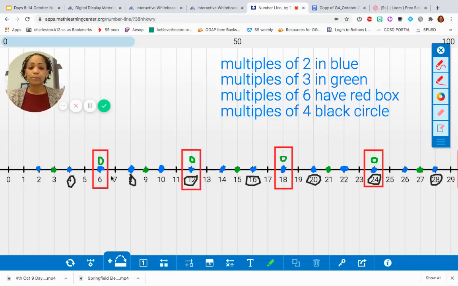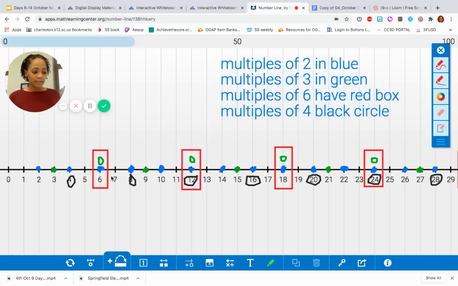Remember we talked about multiples of 2, multiples of 3, 6, and multiples of 4. Right. So then a multiple is, good job. So we're going to add our multiples of 8.